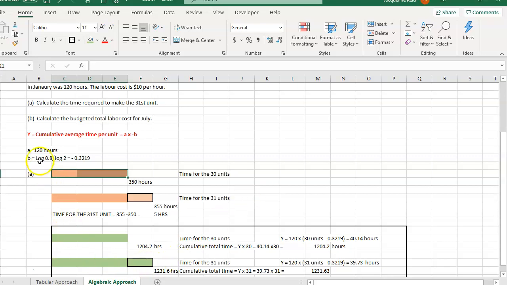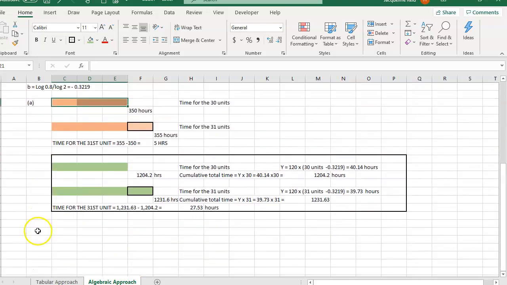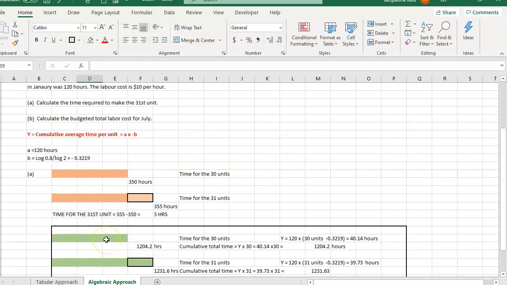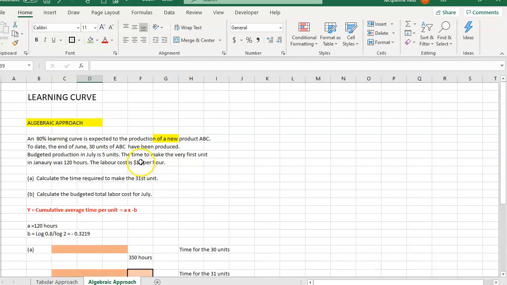Now let's look at the last one, part B, which is basically following the same approach. For part B, it says calculate the total budgeted cost for July. Because we're dealing with budgeted costs, we have to get a labor rate, and the labor rate given was $10 per hour.